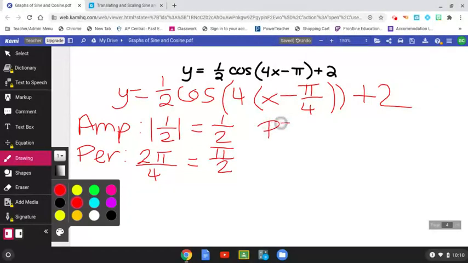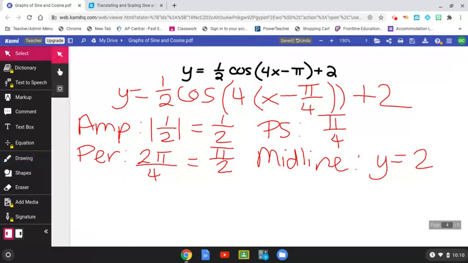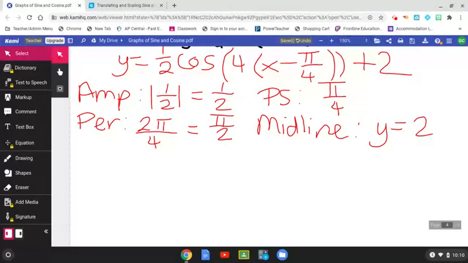And then our phase shift, which is h, but notice here h is positive, is pi over 4. And our vertical shift is up 2, which is going to move our midline up 2, making it y equals 2 now. Okay, I think we have everything we need to sketch our graph.